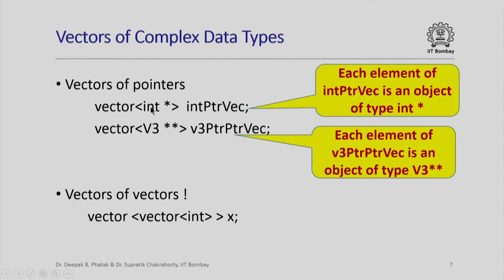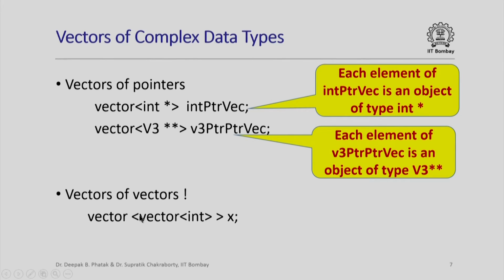Now well, instead of having pointers or primitive data types or user defined classes here, why can't I have vectors of vectors? Since vector with the generic type instantiated by int is itself a class, it is an instance of a template class. So I could use that to define another vector of that class. So here I am saying that x is an object which is a vector, and each element of that vector is going to be an object of this class.